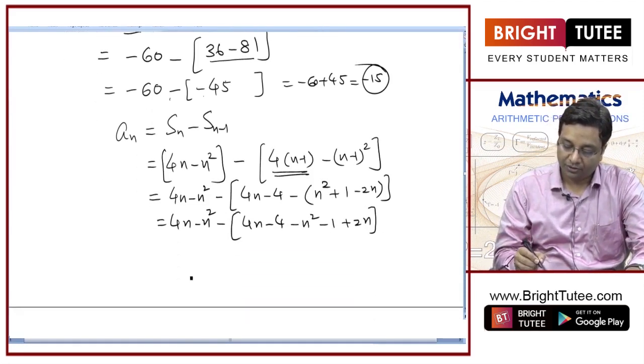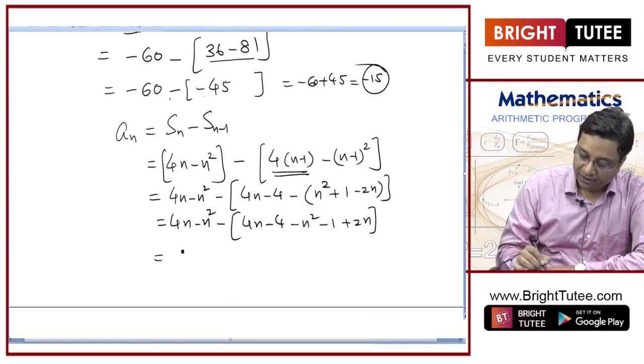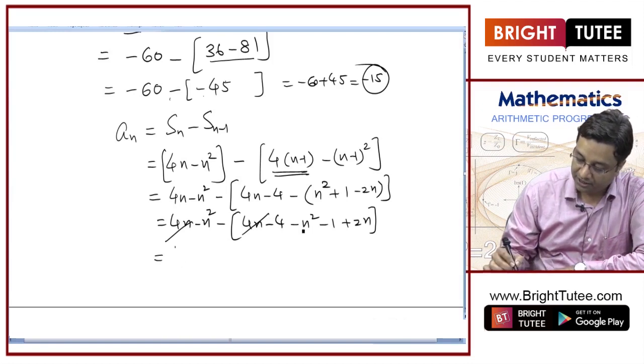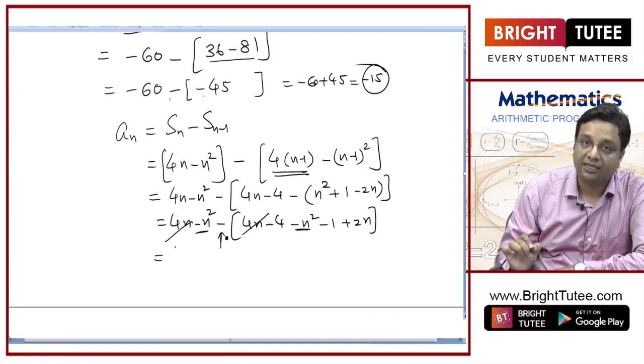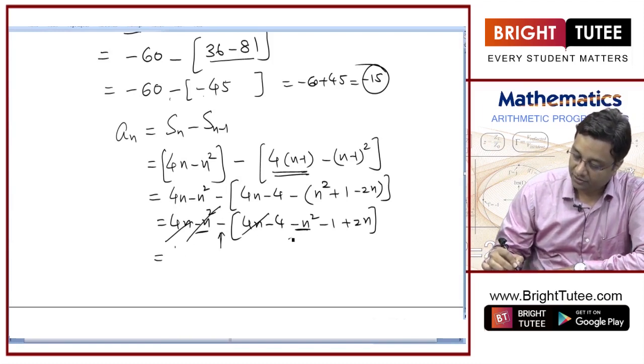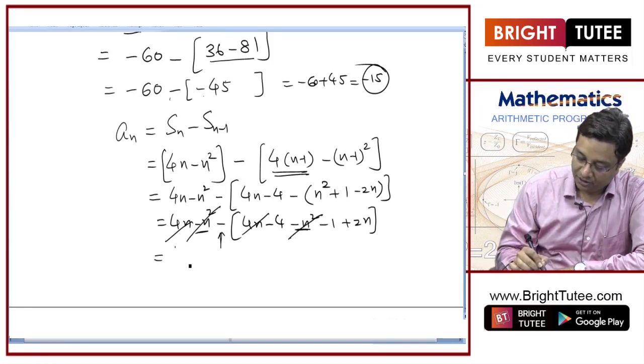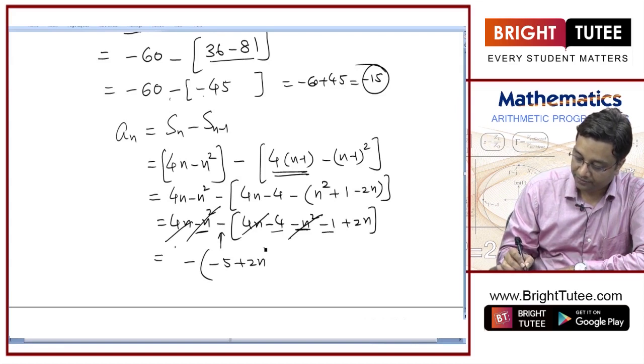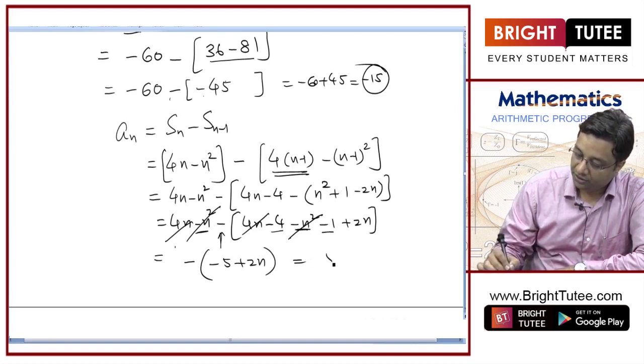So now if you solve it further, you can simply see that this 4n will get cancelled with this 4n, right? And this minus n square will get cancelled with this n square, because there is a negative sign in between there. So it will be equal to minus of minus 5 plus 2n, right? So if I bring this negative sign inside, it will give me 5 minus 2n.